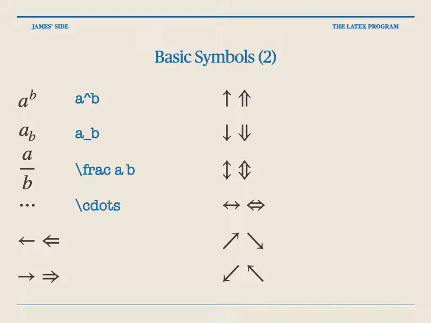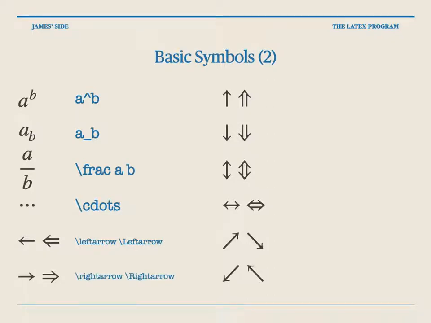Then we're going to introduce some arrows that you might need to use in chemistry or in math and other science subjects. For the left arrow, you have \leftarrow, and if you want it to be the double line arrow, you have to capitalize the L for the left arrow. And for the right, similar to left arrow, you just have \rightarrow, and it will be single line or double line determined by if you're capitalizing the first letter.